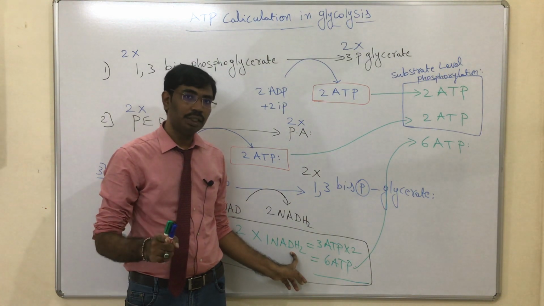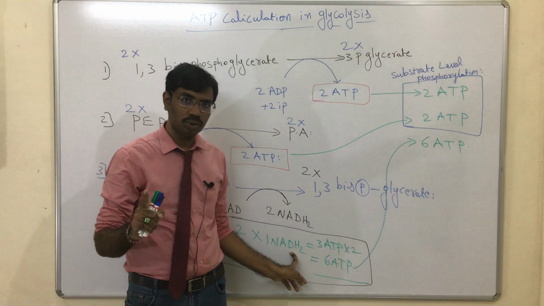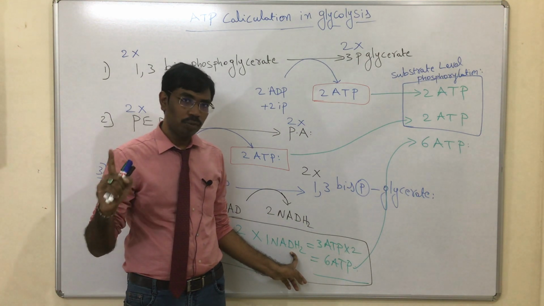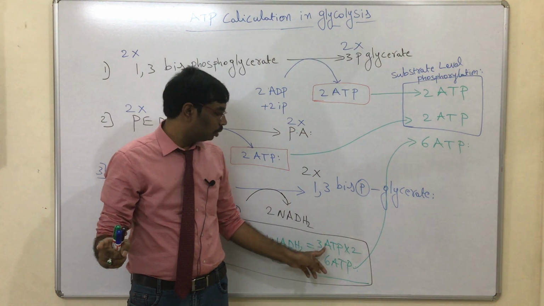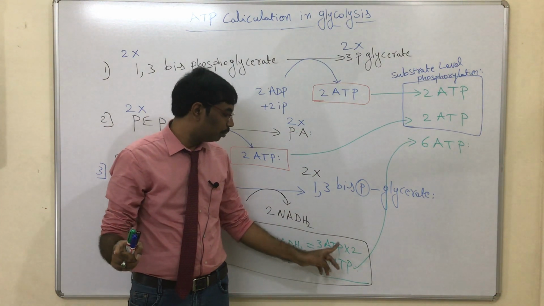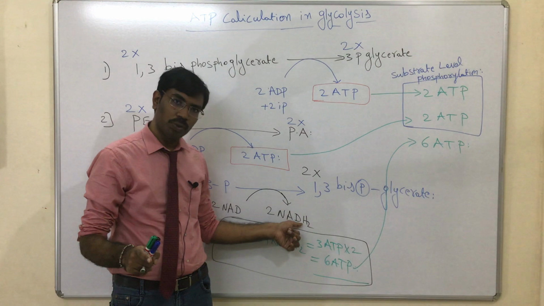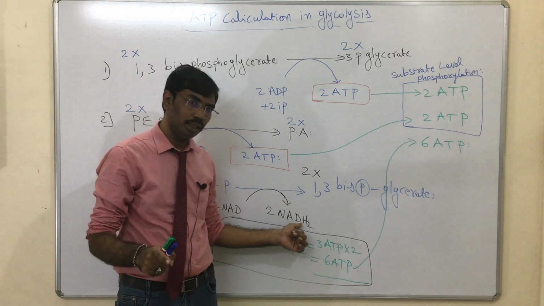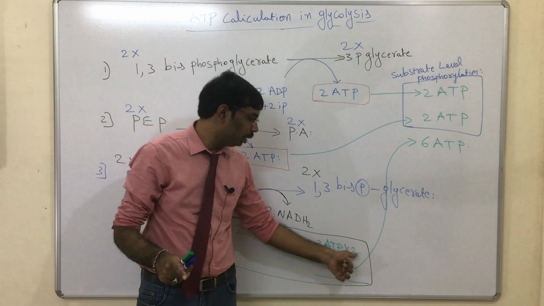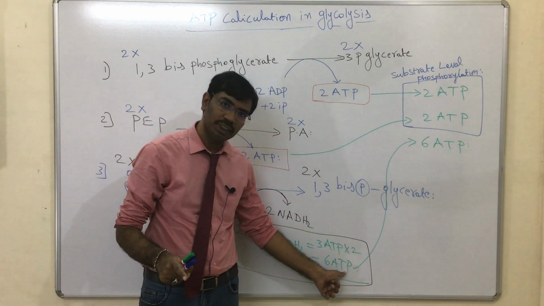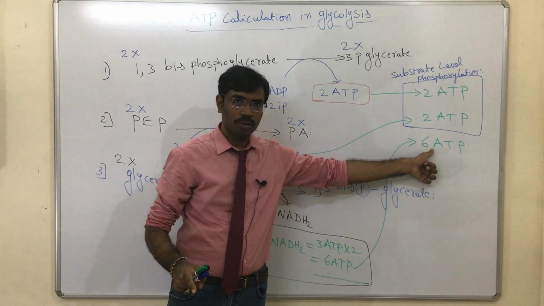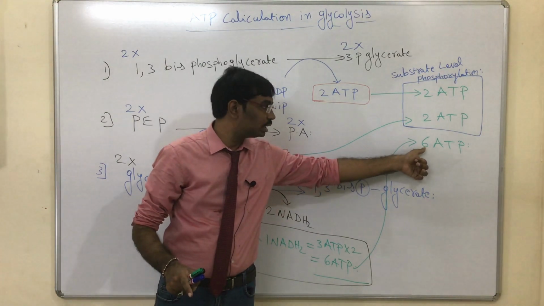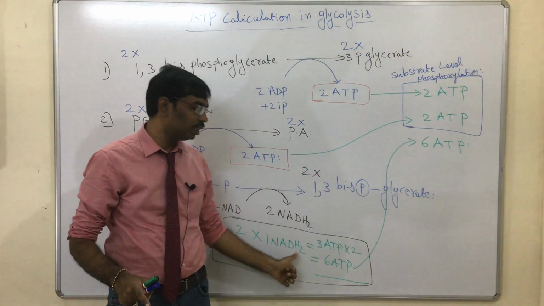For one NADH2, how many ATPs are produced? 3 ATP molecules are produced from one NADH2. But how many NADH2 are produced in the reaction? 2 NADH2, so 3 ATP into 2, totally 6 ATP. So 6 ATPs are produced from the NADH2.